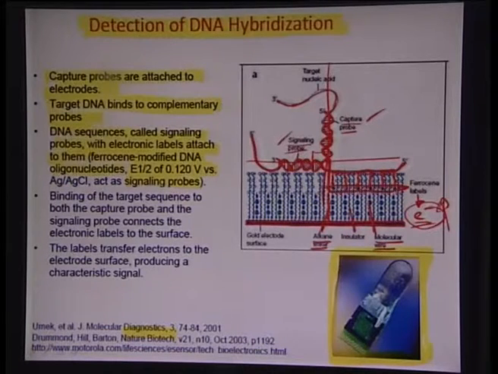Binding of the target sequence to both the capture probe and the signaling probe connects the electronic label to the molecular nanowire which is there on the surface and which can do the electron conduction, and the labels transfer electrons to the electrode surface producing a characteristic signal which would give an indication whether the target DNA you are looking at has base pairs complementary to the capture as well as the signaling probes.